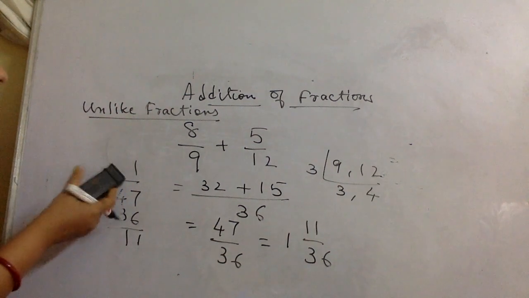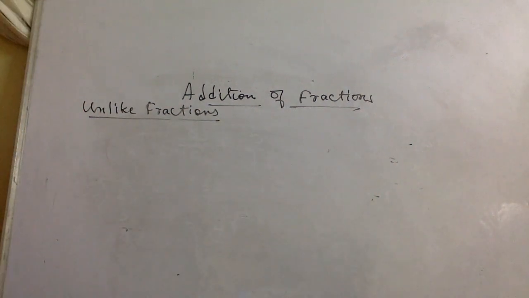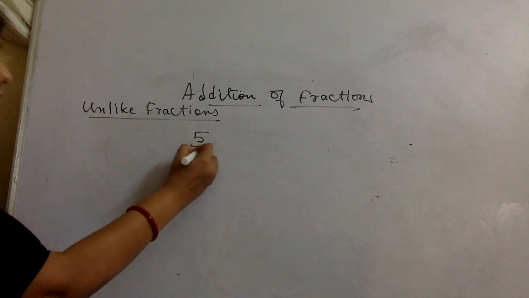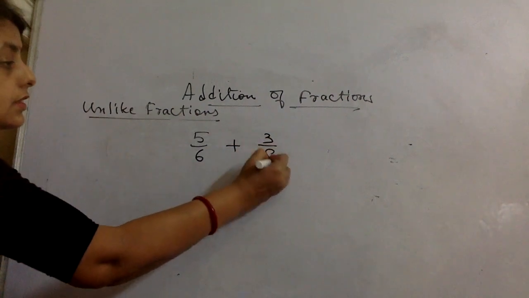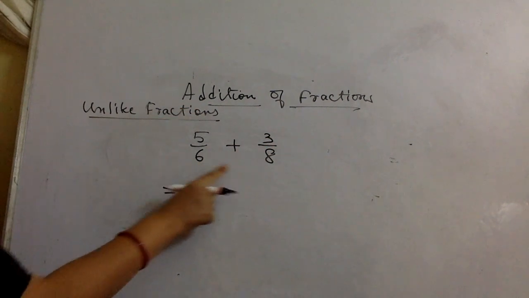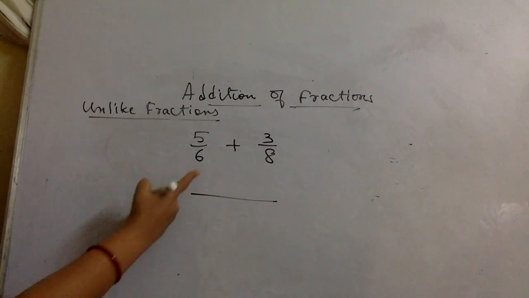Okay, so now let's do another similar question. Let's take up a very simple one, 5 by 6 plus 3 by 8. Again unlike fractions, as you can see the denominators are different, so they are unlike. Now what is the LCM of 6 and 8?